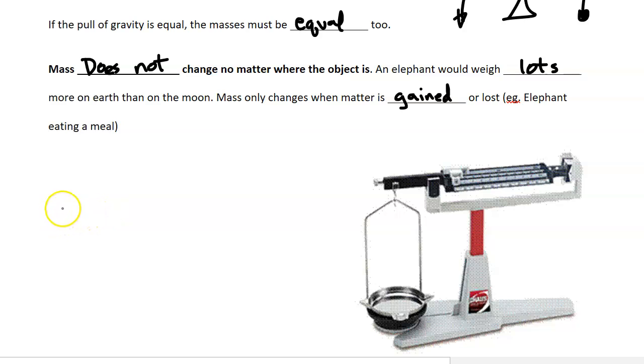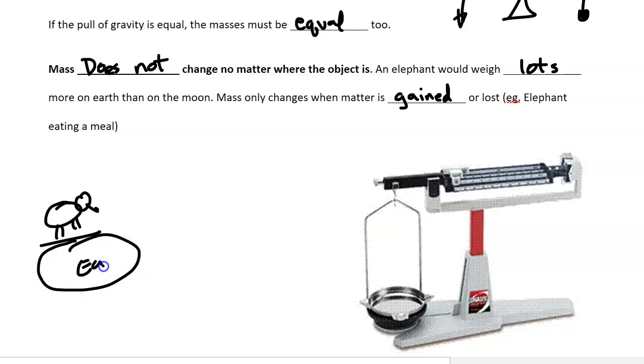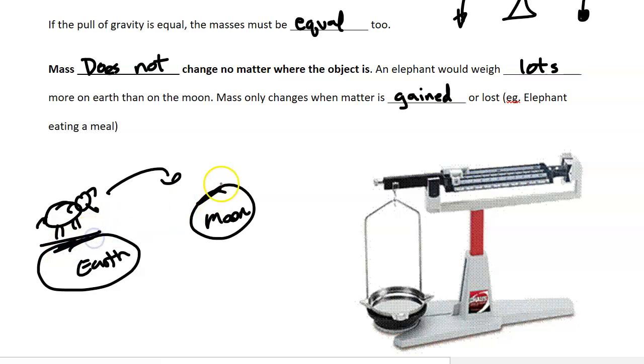So, for example, if we have this elephant on Earth, and we instantly transported that elephant to the moon, that elephant would have the same mass. All the same particles are in this particular elephant. However, the weight is going to be different. It weighs more on Earth than on the moon.